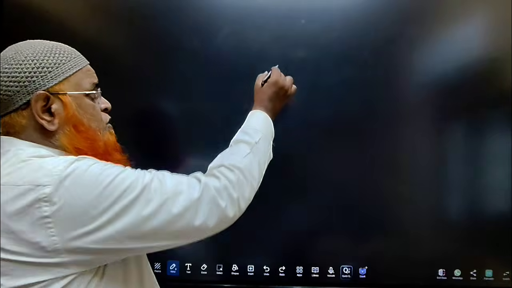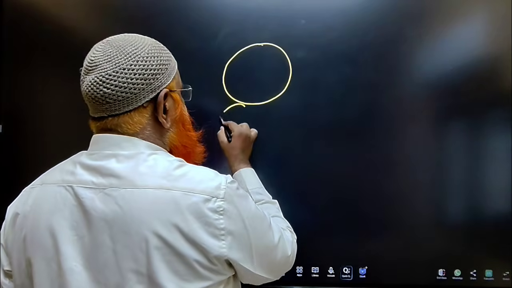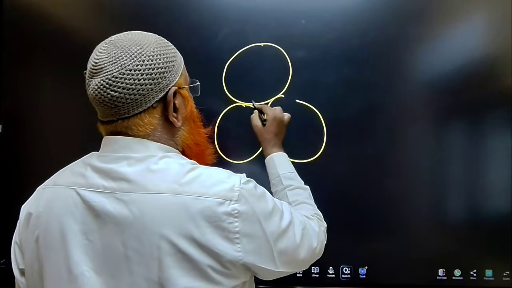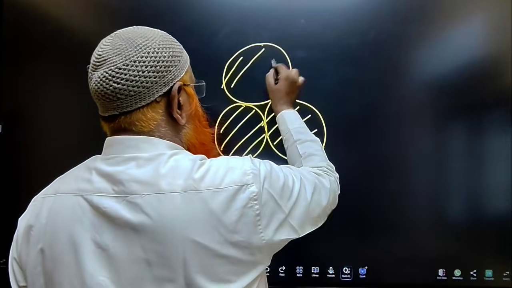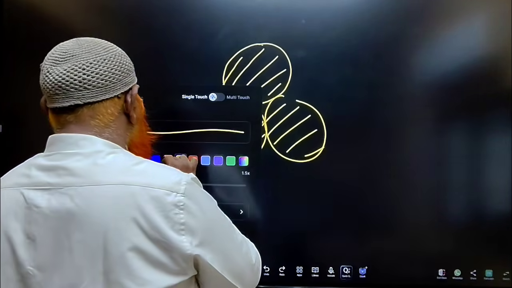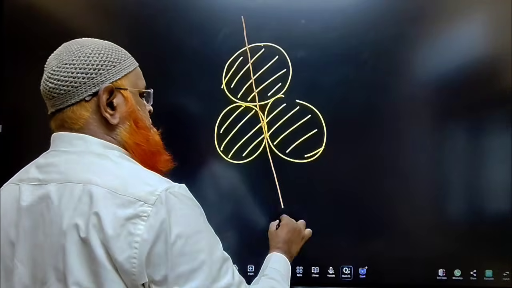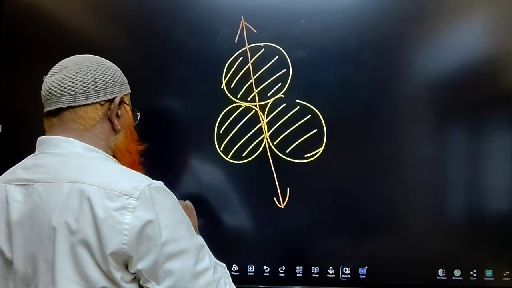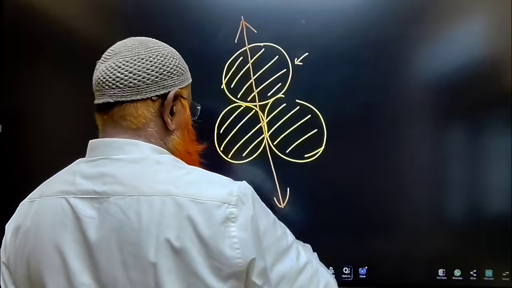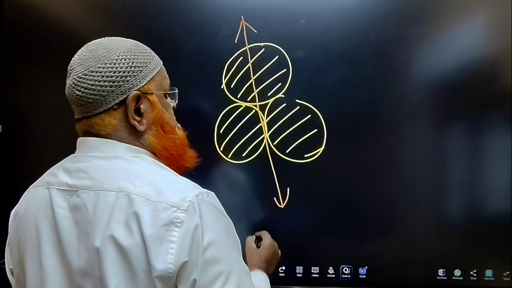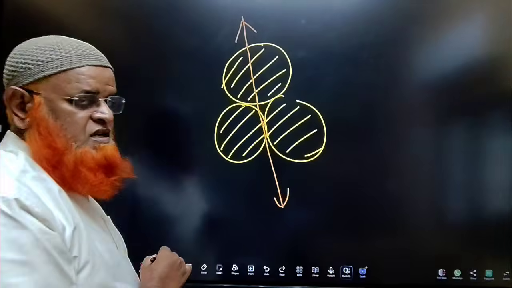Now, if you consider 3 discs, now all are discs. What is the moment of inertia for this disc along the diameter?